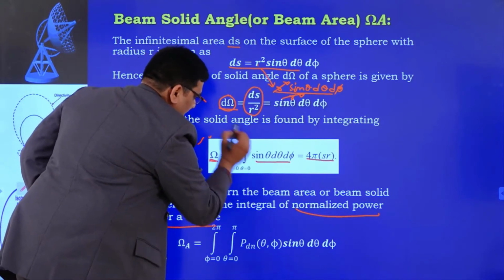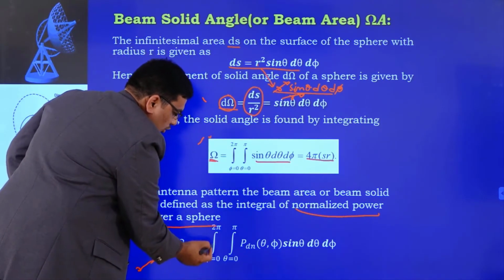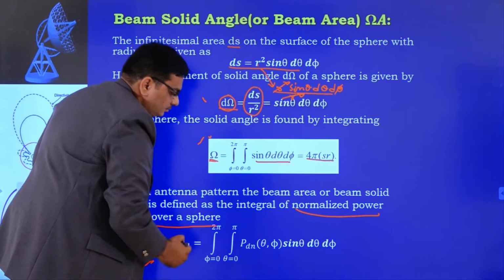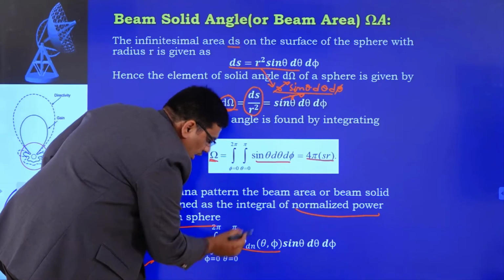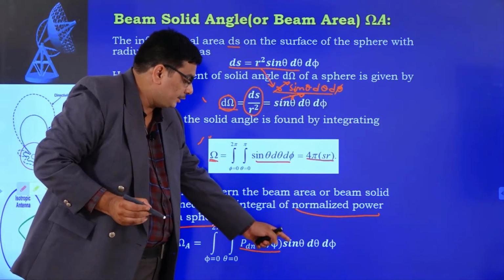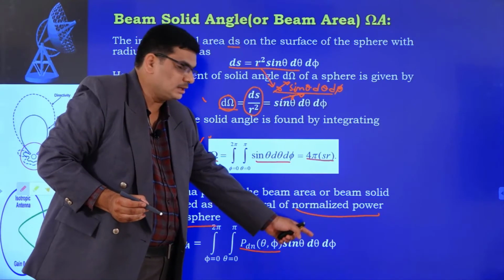So this is the formula for a sphere: integral of phi from 0 to 2 pi and theta from 0 to pi of the normalized power pattern into sin theta d theta d phi.